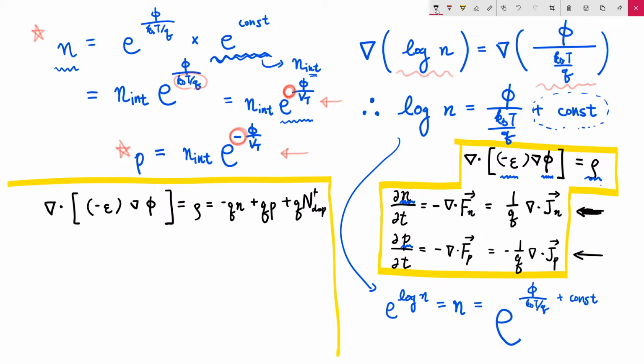And instead of using these two continuity equations, we can just say n is proportional to the exponential of phi, and the hole density is proportional to the exponential of minus phi, of course normalized. Then when we test this system once again, we can find, let's call phi and p the unknown variables, and let's try to test them.